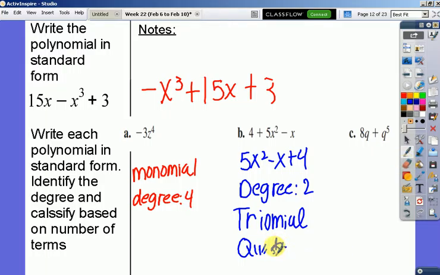You go by the highest degree for a polynomial. The highest degree is the 2, is the square. With monomials, we add them up. Polynomials, we look at the highest.